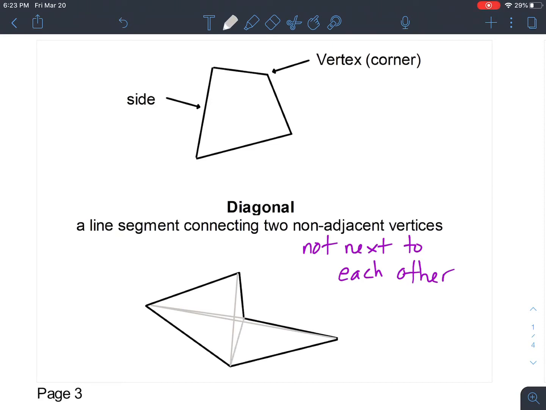An example is connecting these two right here. This is a diagonal that went outside of the shape. It doesn't always happen like that, but it is possible for a diagonal to go outside. I don't think I have drawn every possible diagonal in this picture, but we do have most of them.